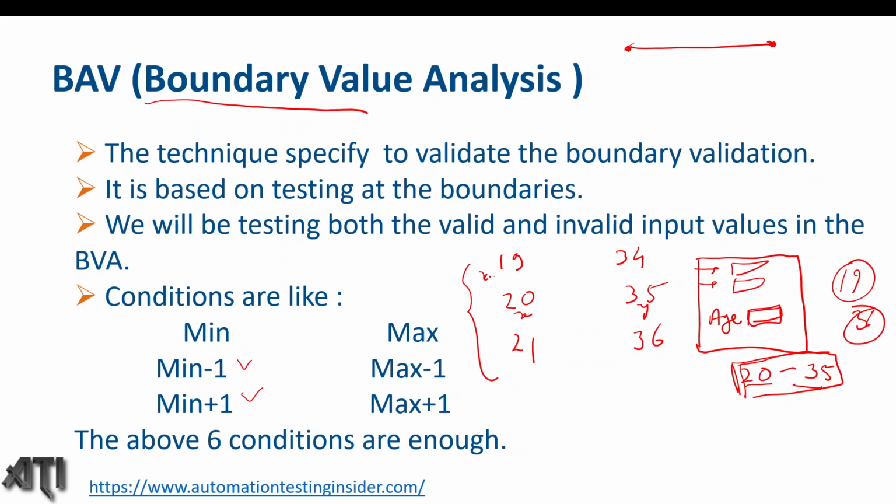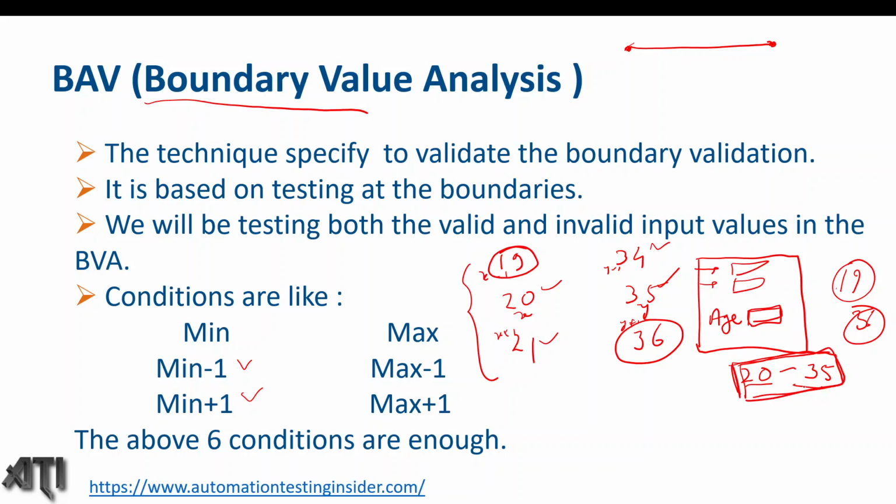So this is x -1, this is x +1, this is y -1, and this is y +1. What are the invalid conditions over here? 19, it should not take 19, correct? And 36. All others are positive test cases. It should accept all the values like 20, 21, 34 and 35, because they are under this criteria, the 20 to 35 range.